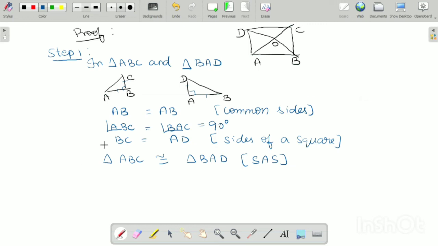From this we get that AC is equal to BD by CPCT. From this what do you get? Diagonals are equal. AC is nothing but a diagonal, so diagonals are equal.